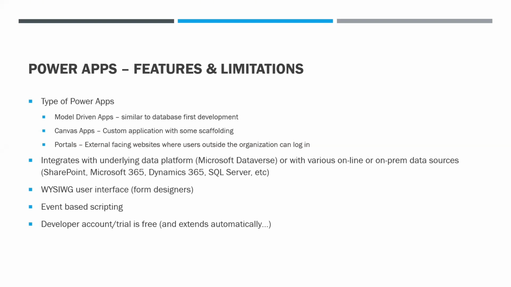Model-driven app is sort of similar to the database-first development methodology, where you create your database. In this case, you create your Dataverse tables, and you create a model-driven application out of it, and that is the no-code part. The application is created automatically. All you need to do is provide some parameters and maybe come up with the layout for your site. That's it.